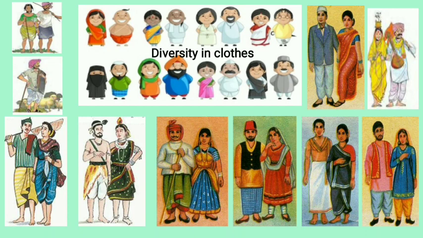Old clothes should not be thrown away. They can be reused. We see diversity in clothing because of cultural and geographical differences. There is a difference in the types of clothing worn in earlier times and those worn today.